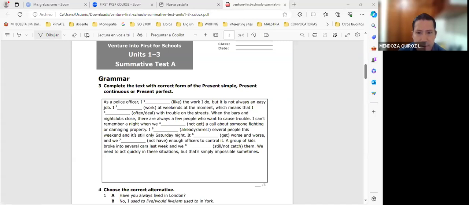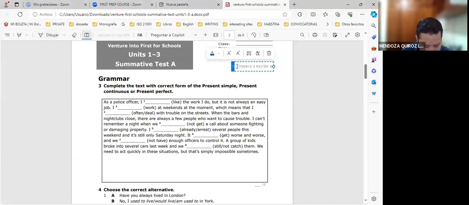All right, so far we have checked units 7 to 9, A and B. There are 2 tests, and then we have worked on 4 to 6, also test A and test B. And then we have worked on 1, 2, 3. We finished this one today, test A.